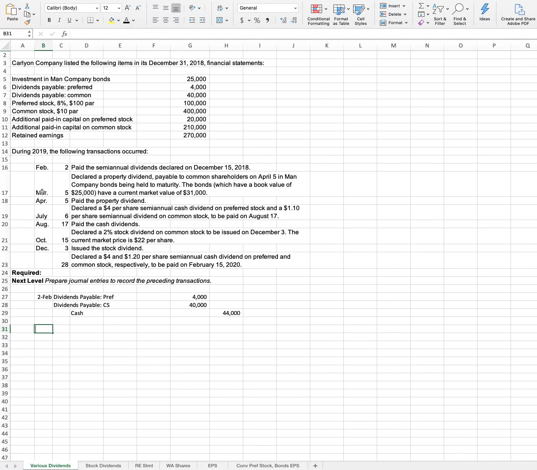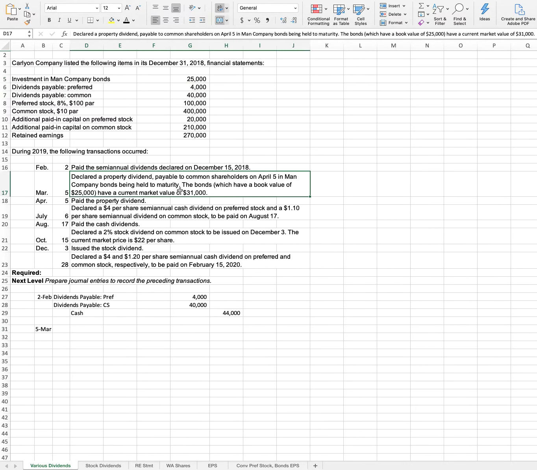Then March 5th, we declared a property dividend payable to common shareholders on April 5th in Man Company bonds being held to maturity. The bonds, which have a book value of $25,000, have a current market value of $31,000. If we come back up to this original information, we see the book value of $25,000, but because they have a current market value of $31,000, we have to show the gain on the disposal of the investment from the 25 up to that 31.